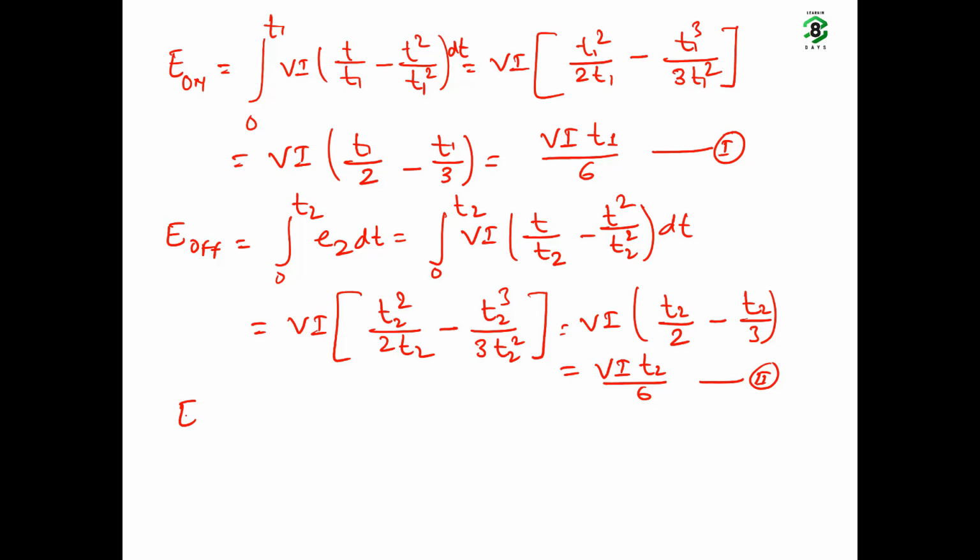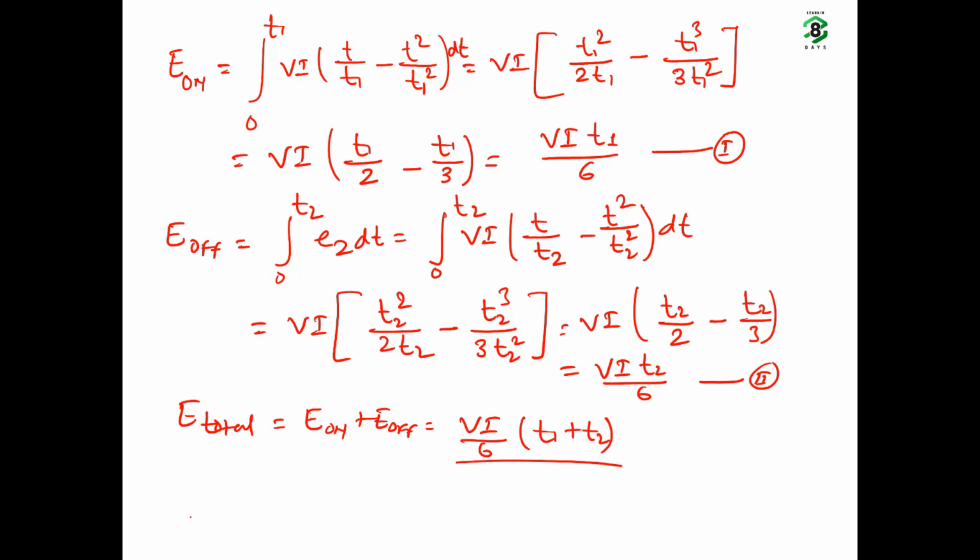So what is the total energy loss in one switching, that is when the switch is turned on and turned off? The energy loss is given as E total, that is E turn on plus E turn off, which is Vi by 6 times T1 plus T2.